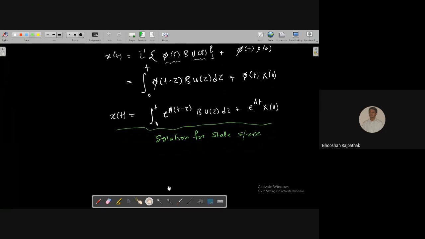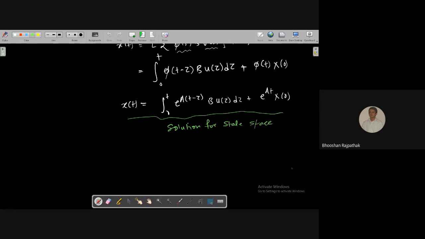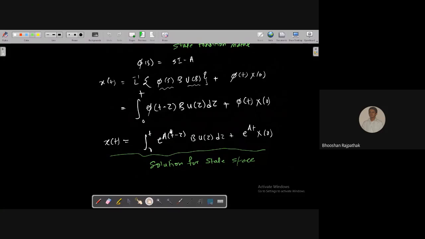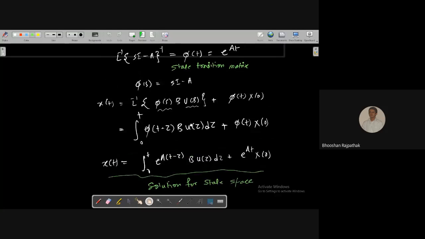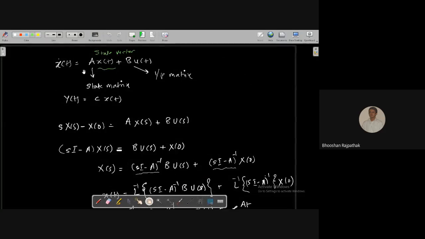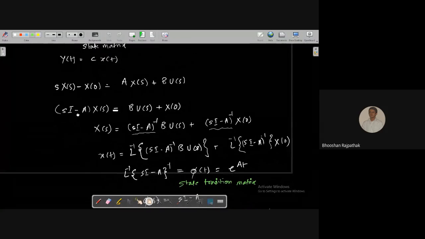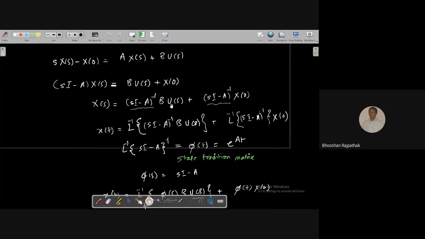Now, the trick part which I explained, that we will see. I hope up to this point there is no doubt. Is there any doubt? The solution of state space. So let's recollect what we did. We have this state equation. We converted that state equation using Laplace transform. Then we rearranged the terms and we got X(s) in terms of U(s) and x0.